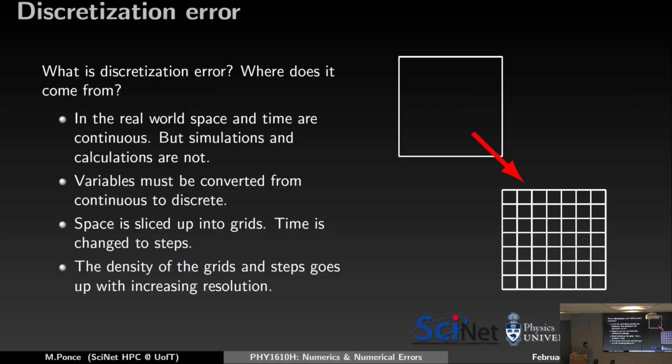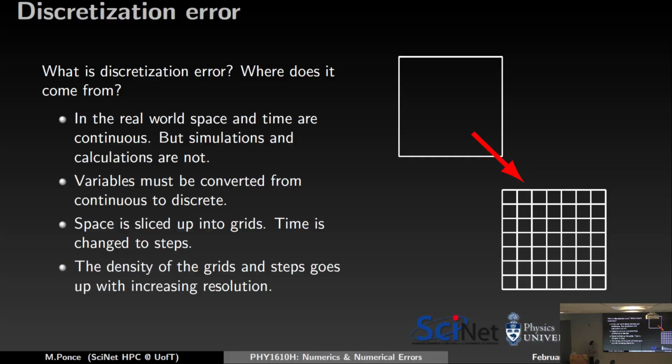There is one more type of error which I'm not going to cover today, because we're going to have a whole lecture about this, but I wanted to let you know about it. It is what is called discretization errors. The difference with the previous errors is that those errors are intrinsic to the representation of the numbers per se. These errors don't come from the representation of the number, but from the representation of our mental model of the problem. If you want to solve a differential equation or do some sort of integration, any kind of computation, we certainly don't have continuous fields in the computer. We have to discretize.